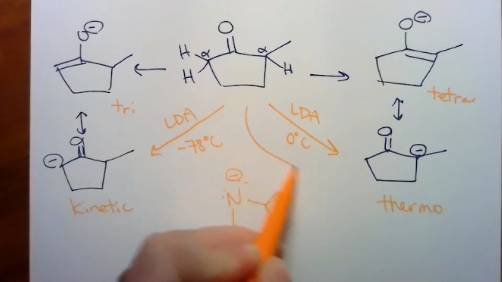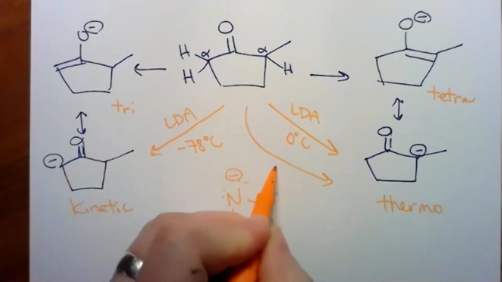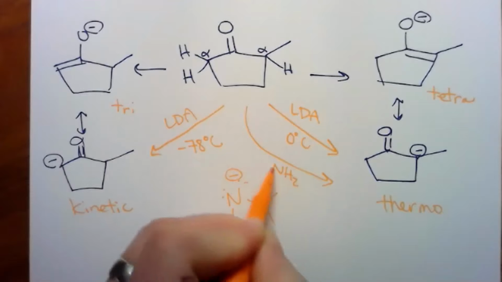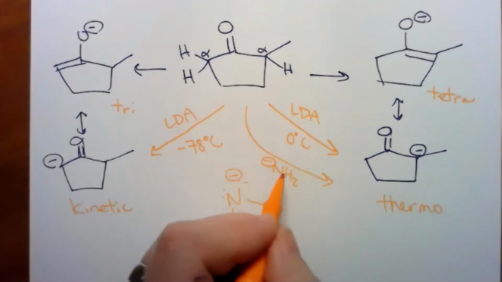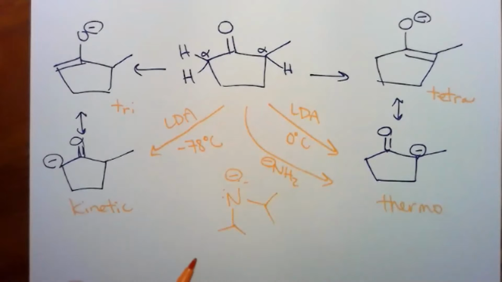More commonly, to get the thermodynamic enolate, you use a smaller base. An NH2 minus base has the same strength that LDA does, similar pKa, but it's not as bulky, so that's often used. If you're using a smaller one, sometimes you will maybe specify 0 degrees, but it's not always specified, unfortunately.